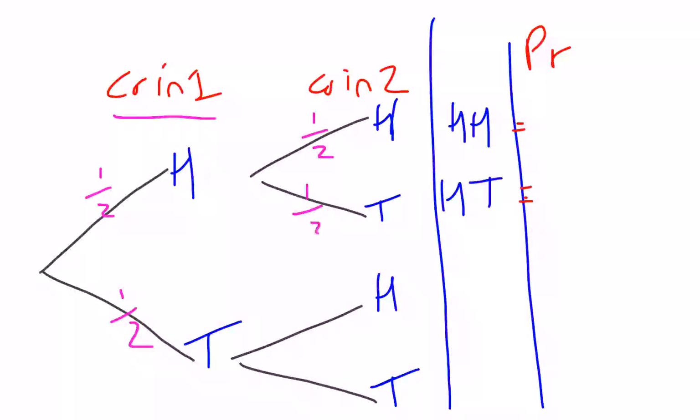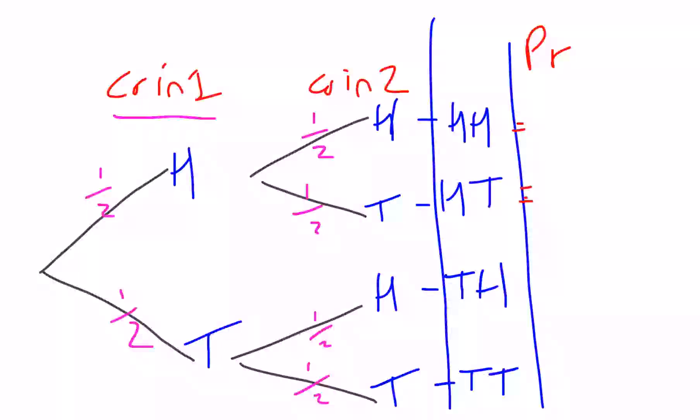It's still 1/2 for each one. We can still read across and get the outcomes: 2 heads, heads and tail, tail and heads, or tail and tail. Now you can see there's actually 4 different outcomes in that.